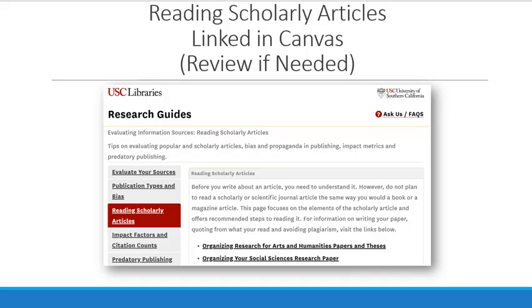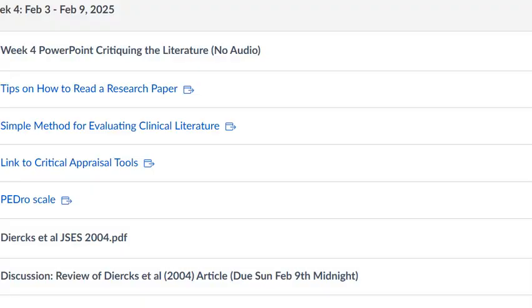Now, on Canvas are some links, and let me get those pulled up here. Here we go. So in week 4, there are some different links here, and these are for your own resources, for your own ability to explore things outside of the lecture in case you want to.